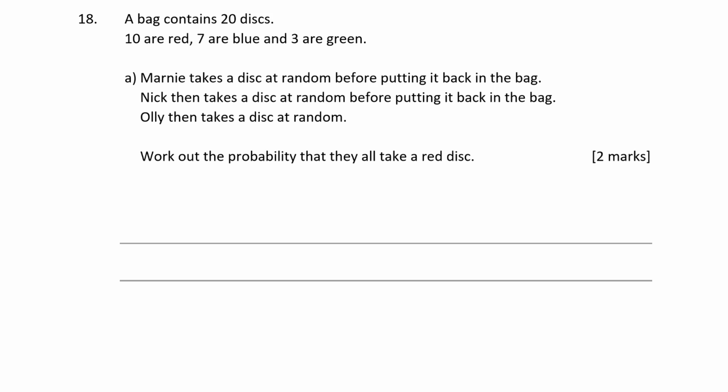Okay, so work out the probability that they all take a red disc. Well, that's going to be constant throughout, isn't it? There are 20 discs, 10 are red, and there are always going to be 10 red and 20 discs altogether. So the probability on any selection is going to be 10 out of 20. And then I'm going to be doing that 3 times over, aren't I?